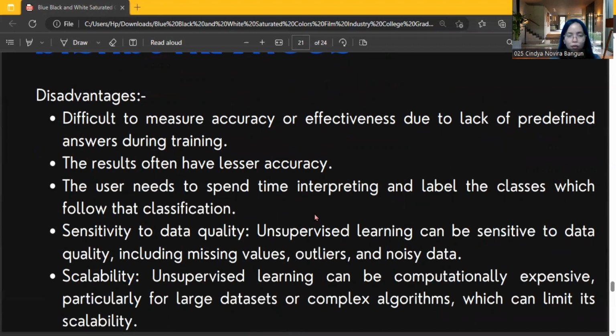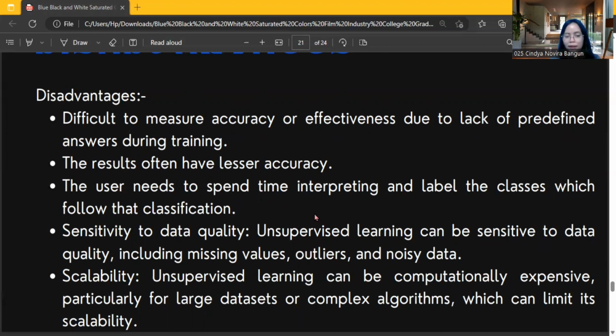The results often have lesser accuracy. 3. The user needs to spend time interpreting and labeling the classes which follow that classification. 4. Sensitivity to data quality. Unsupervised learning can be sensitive to data quality, including missing values, outliers, and noisy data.